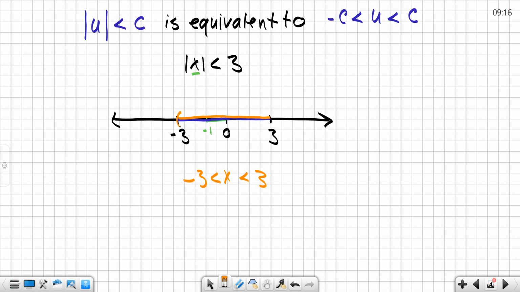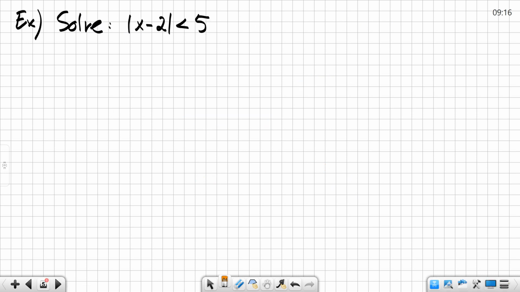In this case, because this was strictly less than, I'm putting parentheses around this graph. This right here is the graph of the solution, and the solution written as an interval would be all of the numbers between negative 3 and 3. All right, let's do an example.